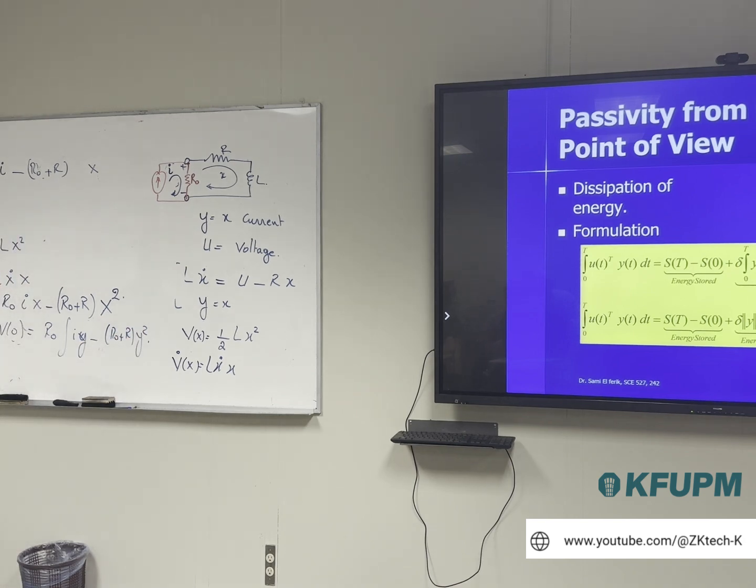We need to modify it a little bit. Maybe we need to add another capacitance there to see how it works.